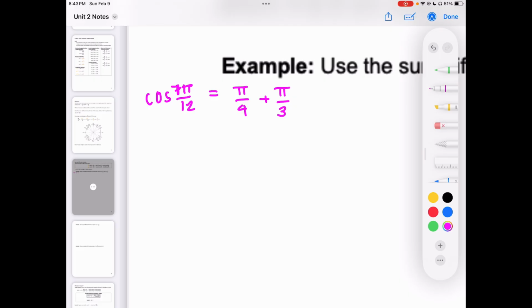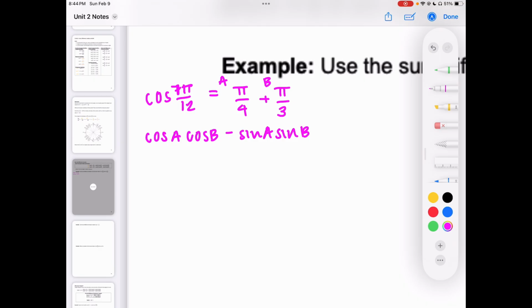Okay. This is going to be a sum. So, and it's for cosine. So I'm going to have cosine of A times cosine of B minus sine of A and sine of B. Okay. This is A and this is B. If you wrote it the other way around, that's fine, right? Your equation will look slightly different, but you will come up with the same answer at the end.